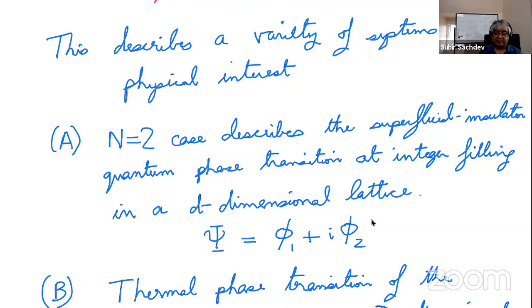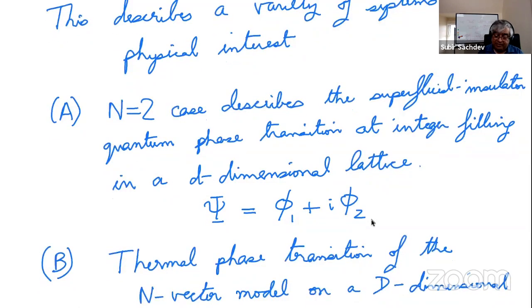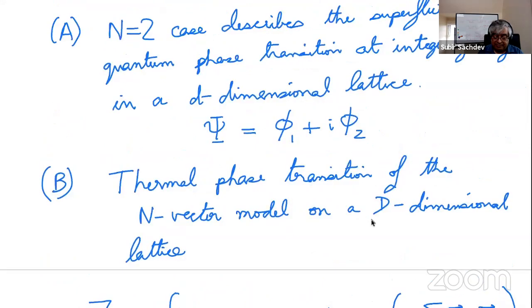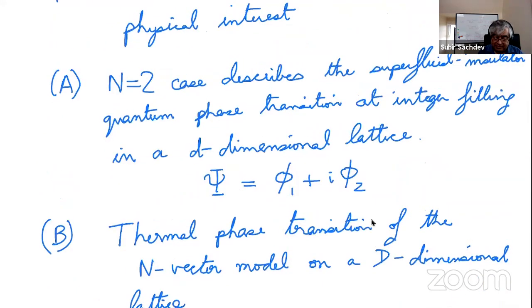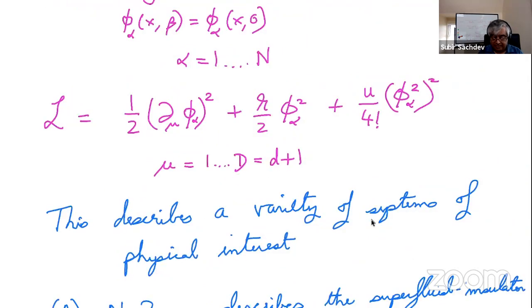That's how we met this theory. But there's another very important case where we think of it as a model not in little d space dimensions, but as a model in capital D space dimensions.